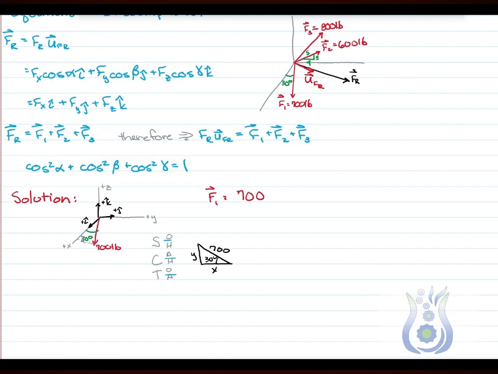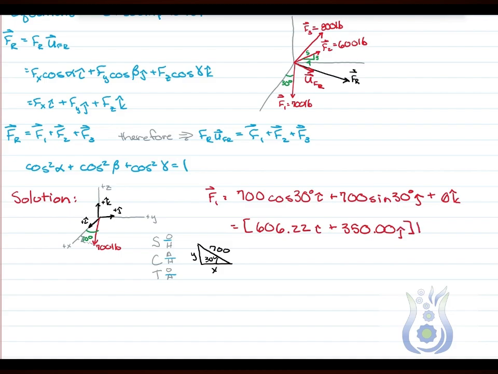So the vector F1 is equal to 700 pounds times cosine 30 degrees i caret plus 700 pounds sine 30 degrees j caret. And you can add the 0 in the k caret direction. This is equal to 606.22 i caret plus 350 j caret pounds.